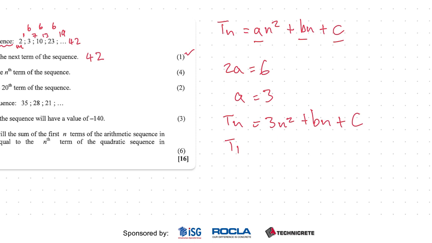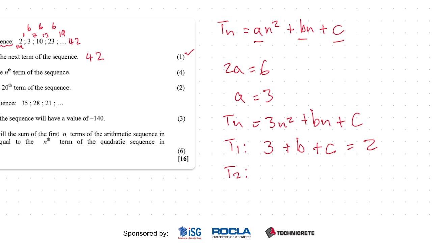So T1 would look something like, substitute n equals 1. I haven't done this correctly, sorry. N equals 1, so this just stays 3, plus B plus C equals 2.